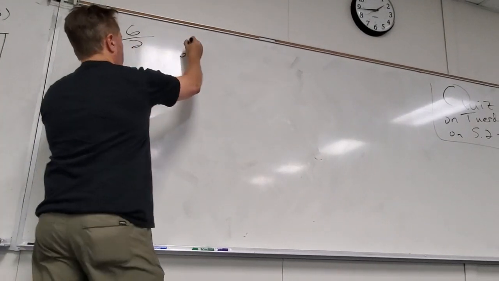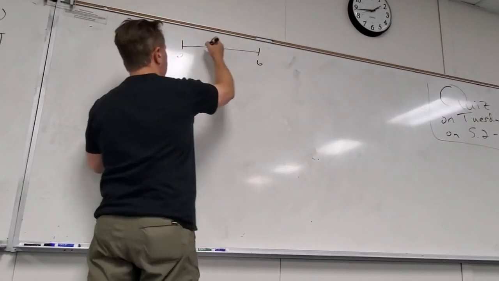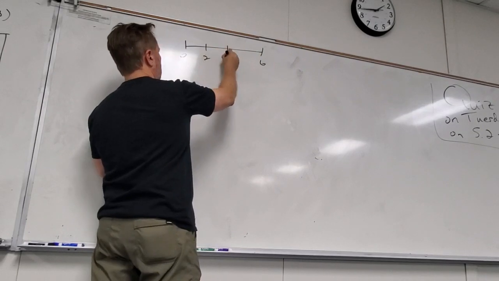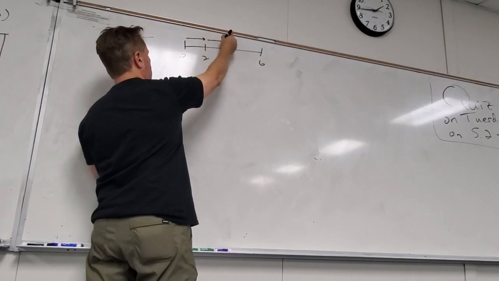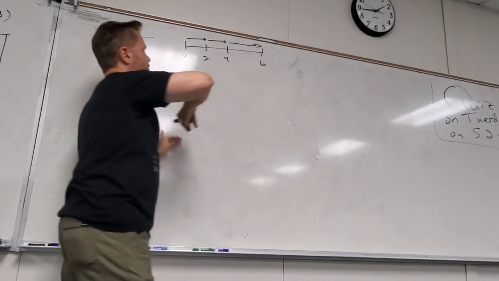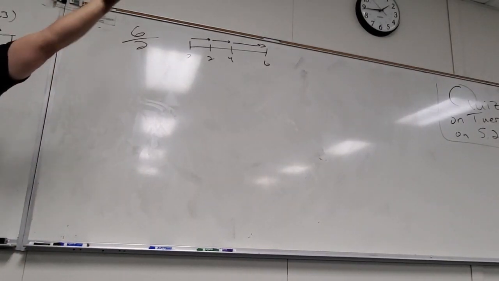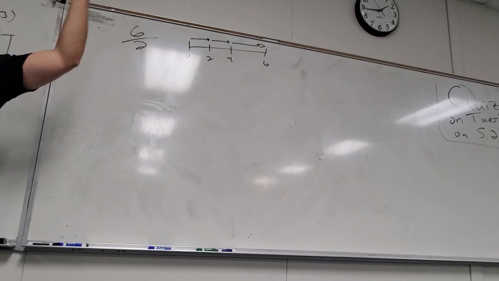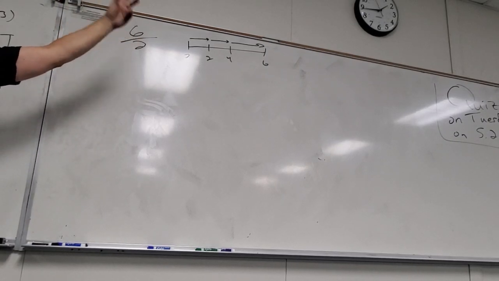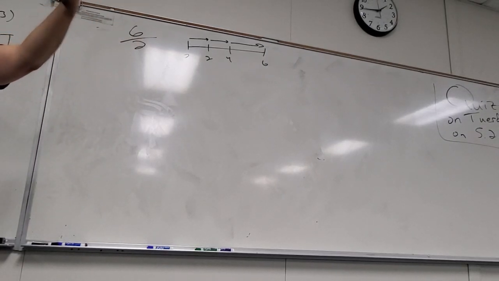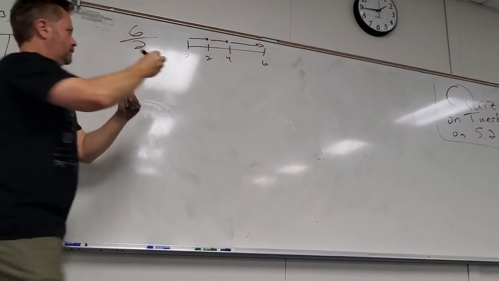So that naturally leads to this. So I got 1, 2, 3. Again, that's a nice visualization of 6 divided by 2. 3 2's fit into 6. So that's why the answer is 3.